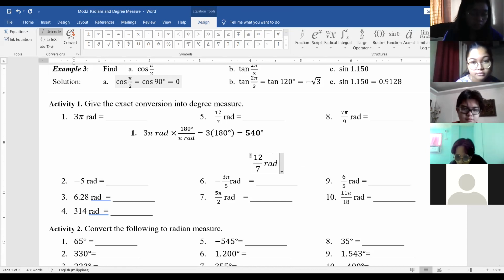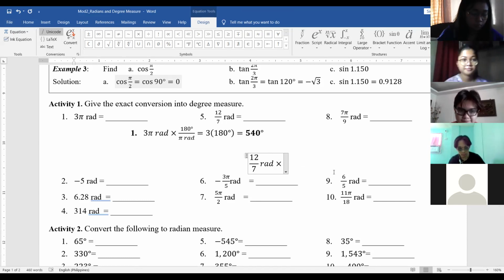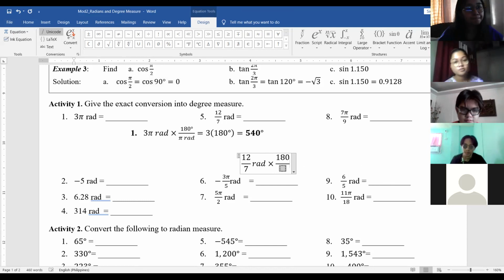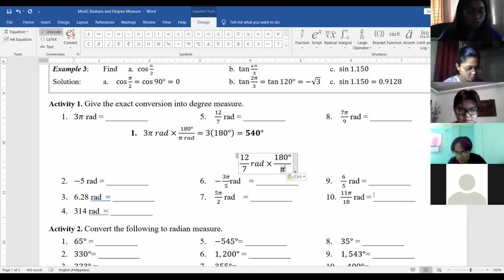Number 5 doesn't have a pi unit, but it's still the same. To convert radian measure to degree measure, you're still going to multiply it by 180 degrees over 1 pi radian. But this time around, your pi will be converted.